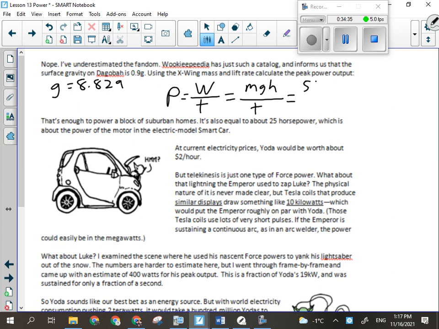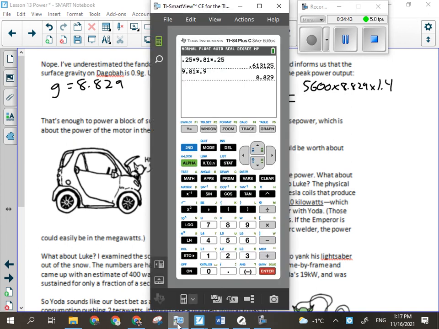If we take our 5,600 kilograms times 8.829 times 1.4 meters, we'll get the amount of work required to lift an X-wing out of a swamp, because that's stuff we need to know. Now we've got to divide that by 3.5 seconds, because that's how long it took to do it.